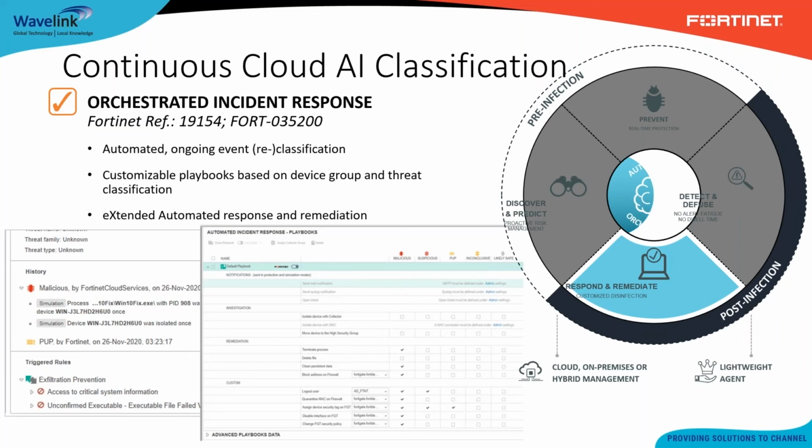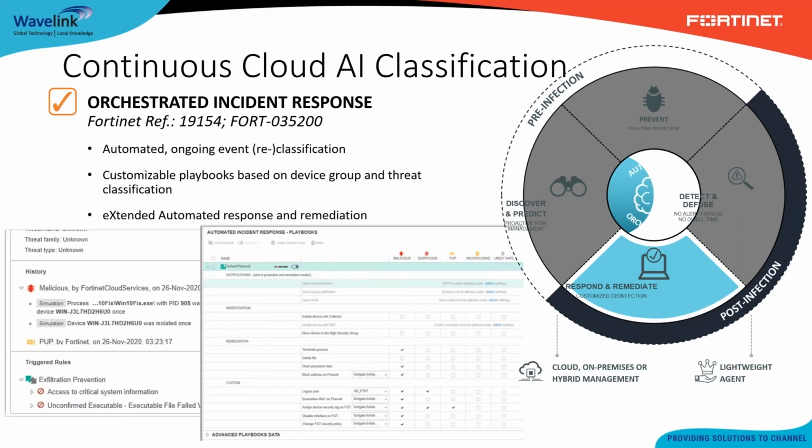But what we do, because the EDR is basically operating on that endpoint, monitoring all those processes, file operations, memory operations, registry operations, it's also sending a steady stream of that metadata back to our centralized FortiEDR management console. So each customer gets their own centralized management console.